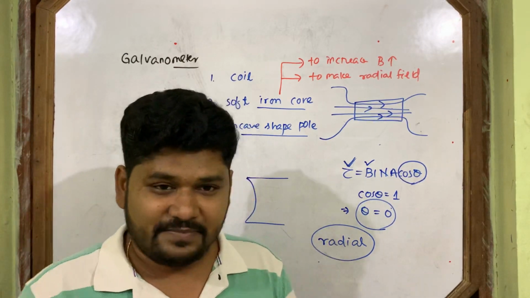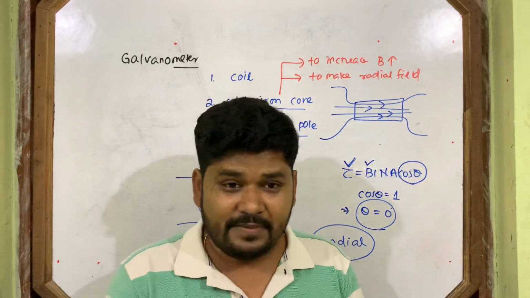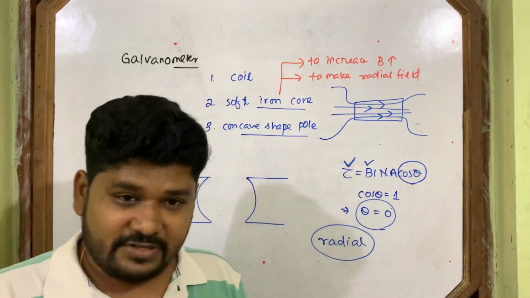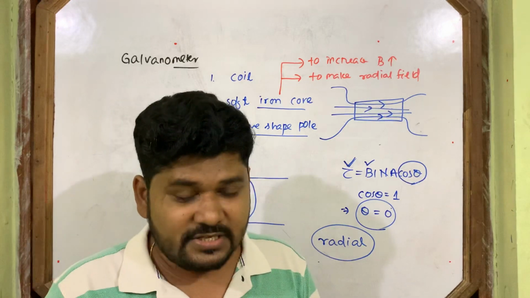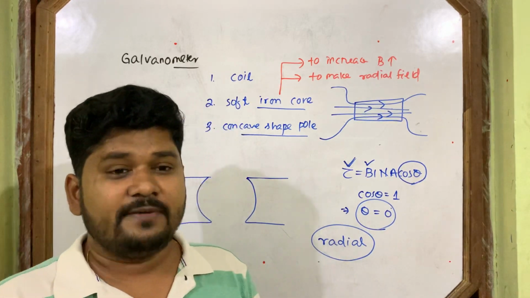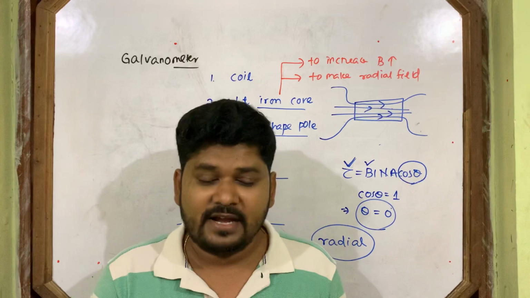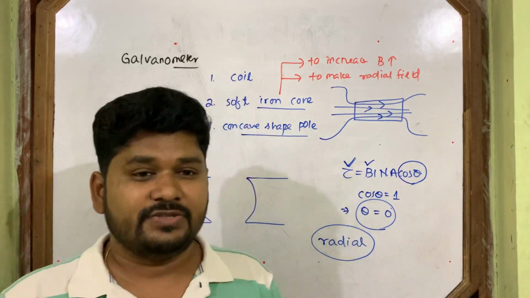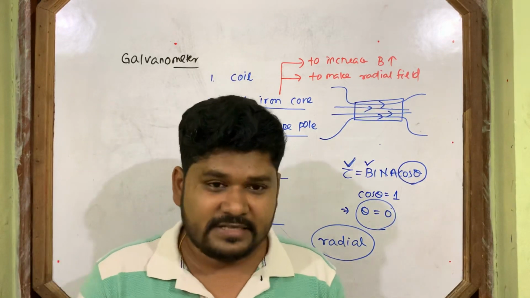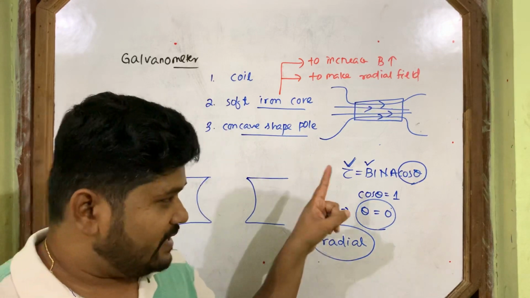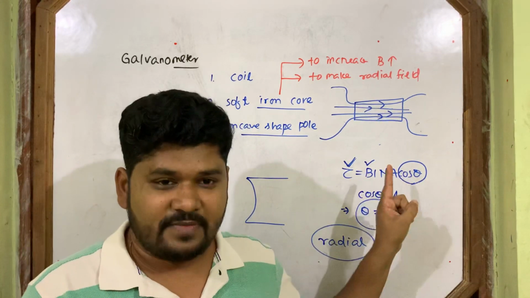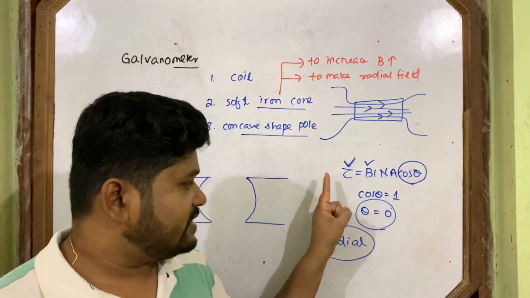You got the answers to the questions. First, what do you mean by a radial field? The magnetic field is said to be radial because for any orientation of the coil, the angle between the magnetic field and the surface of the coil is 0. Why is a radial field required? When theta is 0, cos 0 is 1, which means maximum, so torque is maximum.